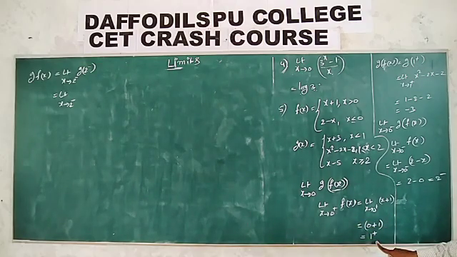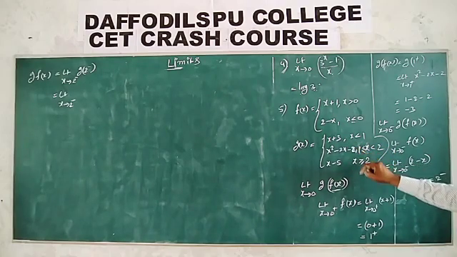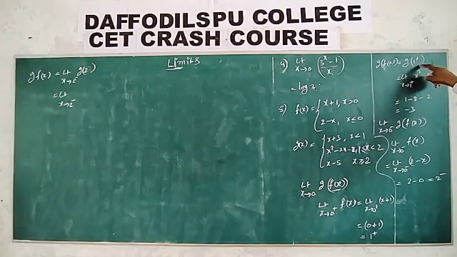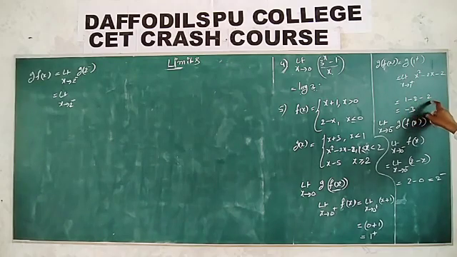This is 1 plus. Therefore, in this function, this value is equal to 1 plus. 1 plus means x square minus 2x minus 2, 1 minus 2 minus 2.